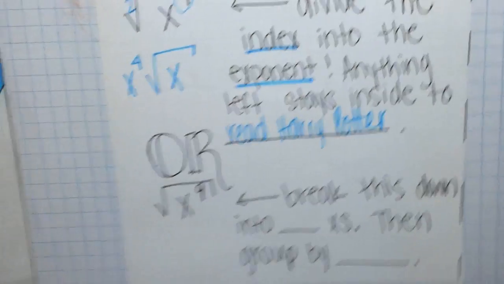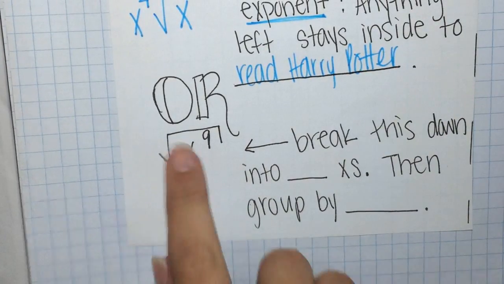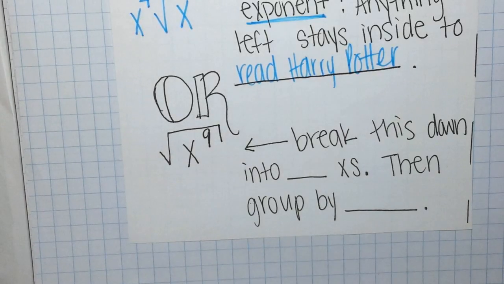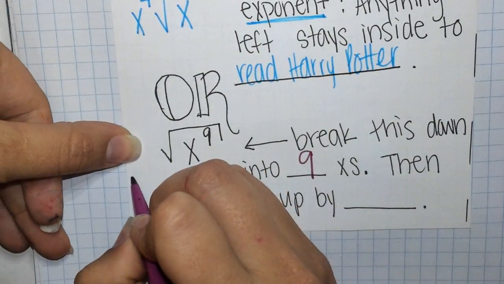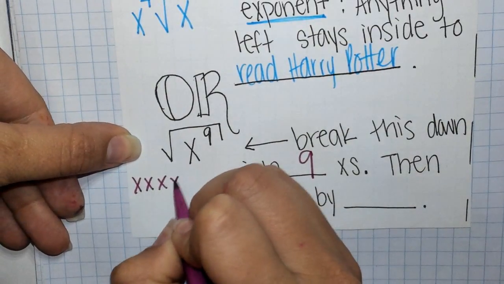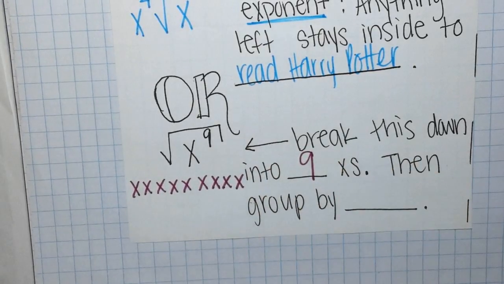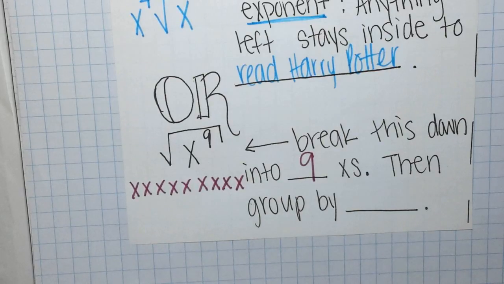Now, there is another way that you can do it. If you can't divide easily, there's another way. You break x to the 9th down into 9 x's. Okay? So let's write 9 x's: 1, 2, 3, 4, 5, 6, 7, 8, 9. Now, what's our index? Two.